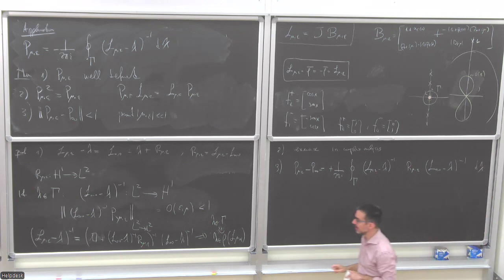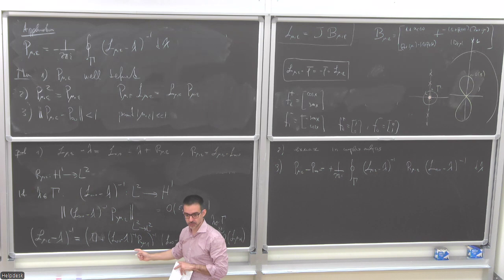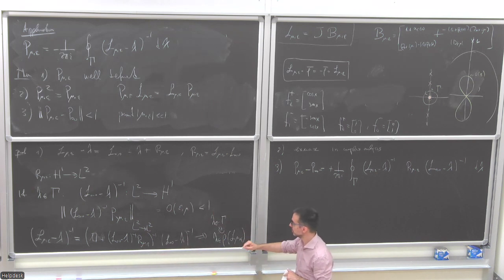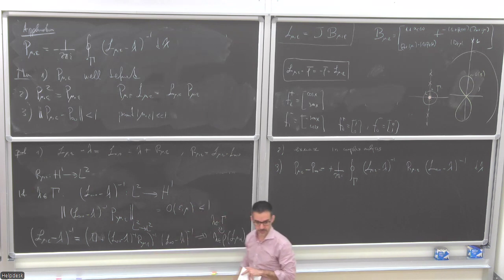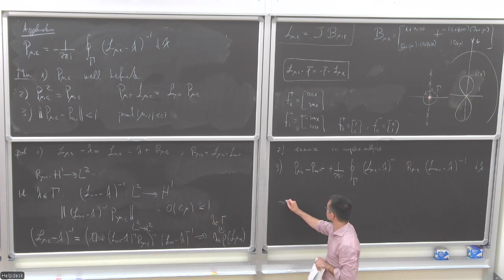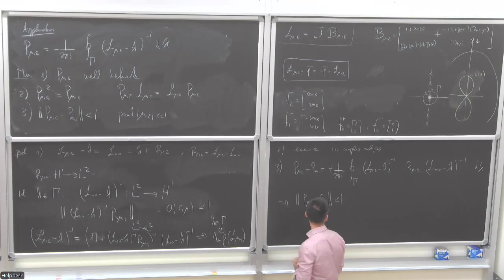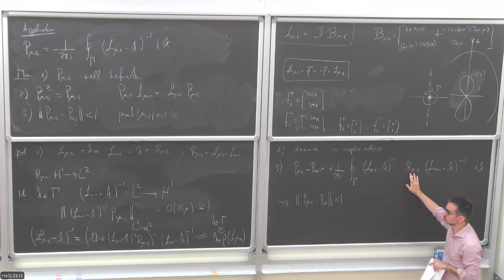And so by using this formula and this bound that you get from the resolvent, you also find that the norm of P mu epsilon minus P00 is smaller than 1, provided that epsilon is sufficiently small in such a way that the norm is, okay.